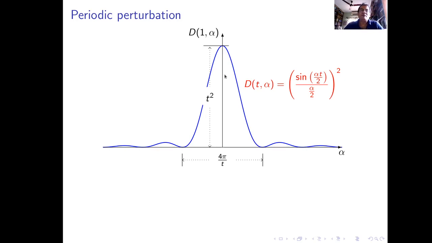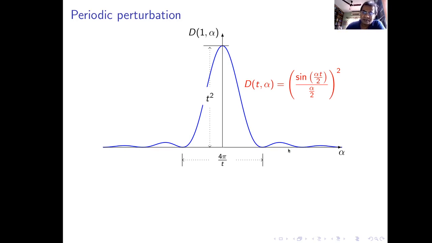This is plotted from t equal to 1, but you could plot it for any t, and the height is given by t squared and the width is given by 4 pi by t. Beyond that, the function is very tiny, and between this minimum and the next minimum, the function inside the bracket is actually negative, but it's pretty small, so we don't bother too much about that sign issue.